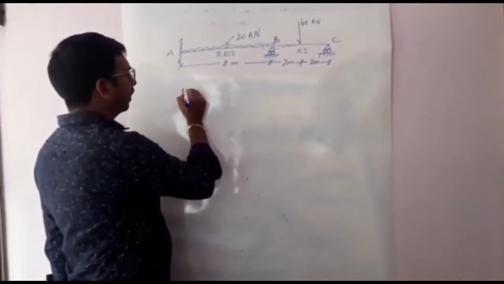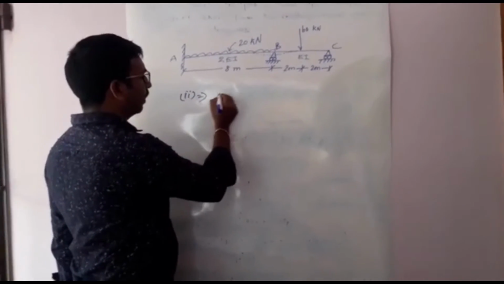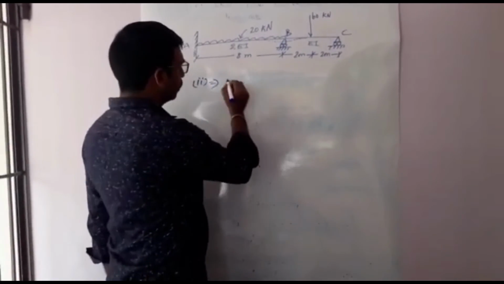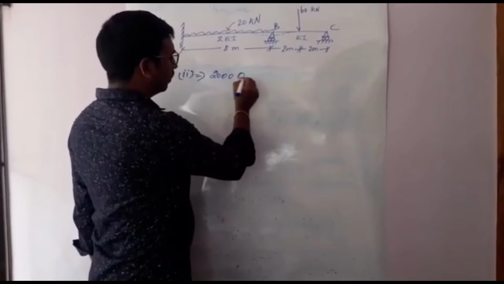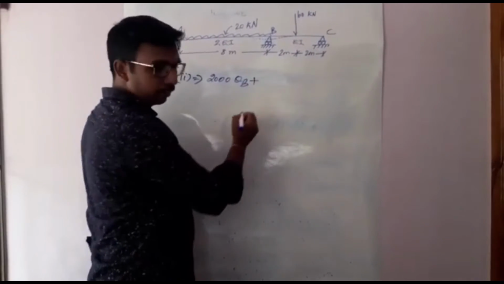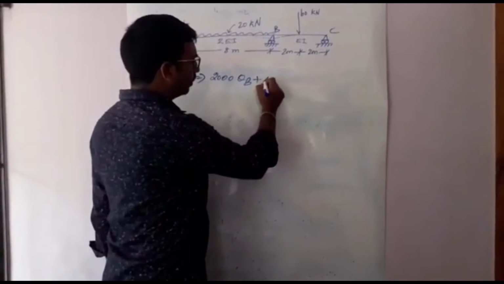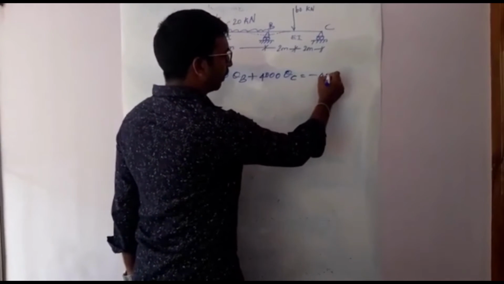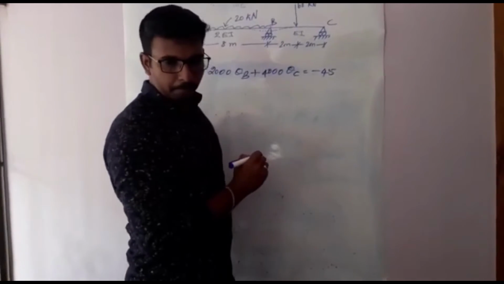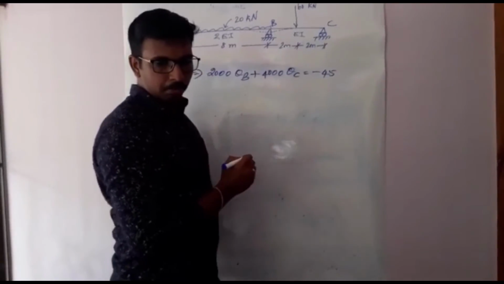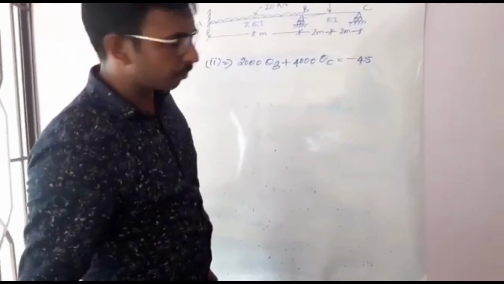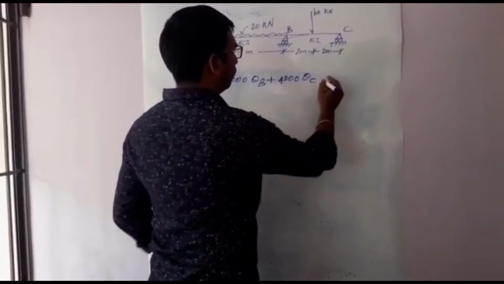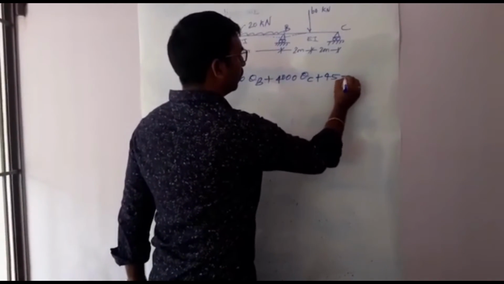If you apply the second boundary condition, you will get MCB equal to 0, right? The MCB value is 2000 theta B plus 4000 theta C is equal to minus 45. Sorry, you have to apply it as plus 45 equal to 0.